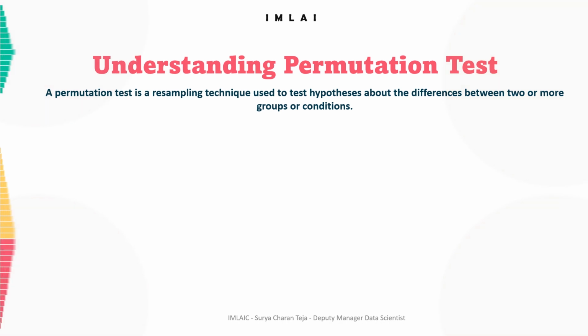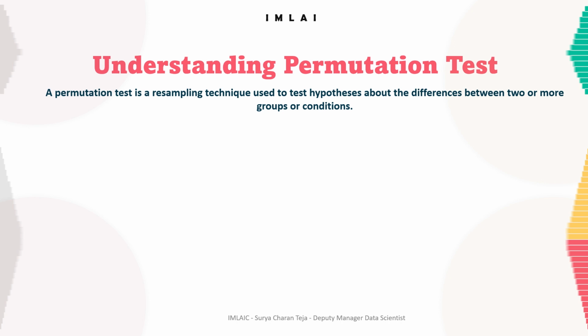So, understanding the permutation test. Permutation test is a resampling technique used to test hypotheses about the difference between two or more groups or two or more conditions. That's where the permutation test weighs more than bootstrapping.